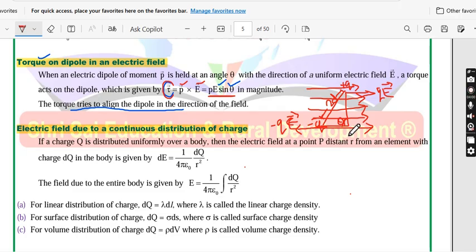Now, these two forces have equal magnitude but opposite direction, and they constitute a torque. This is the concept, that is torque.